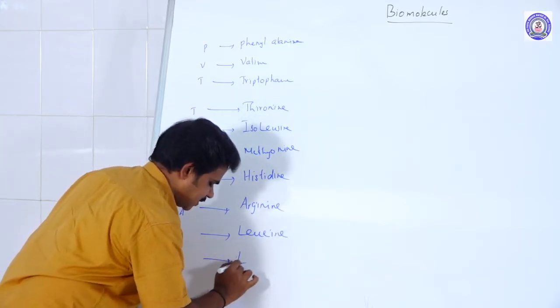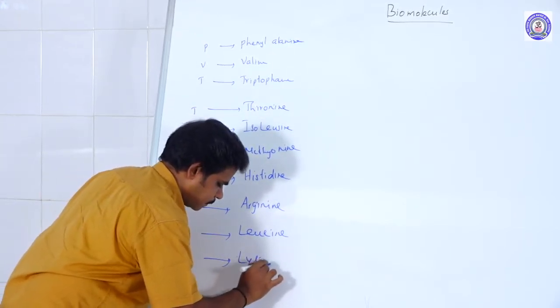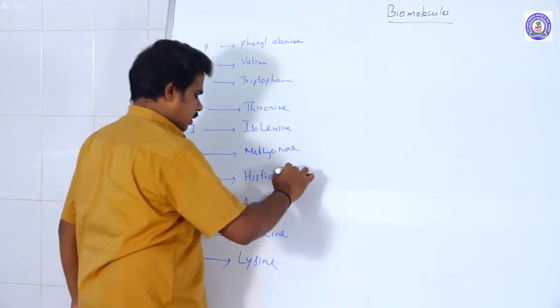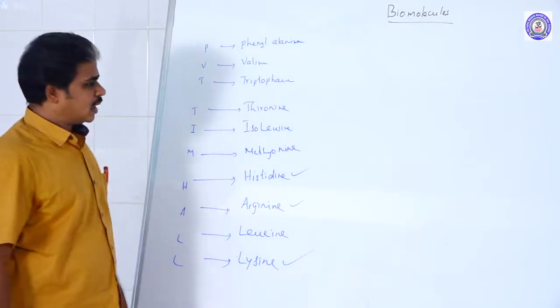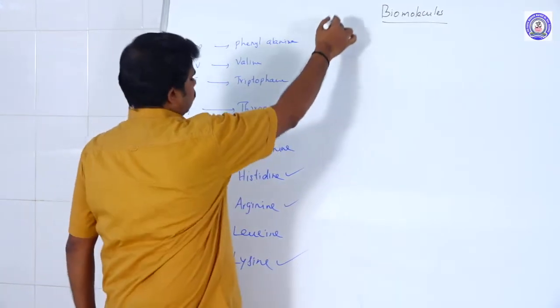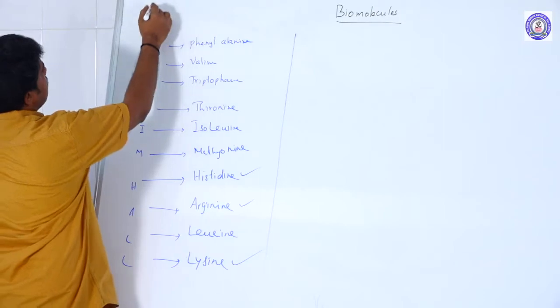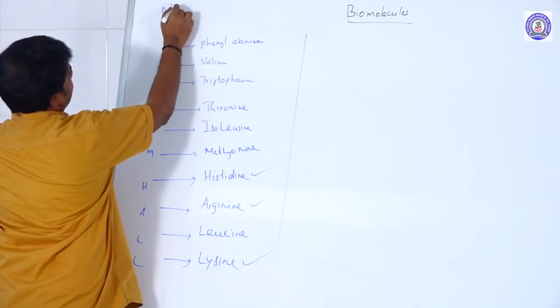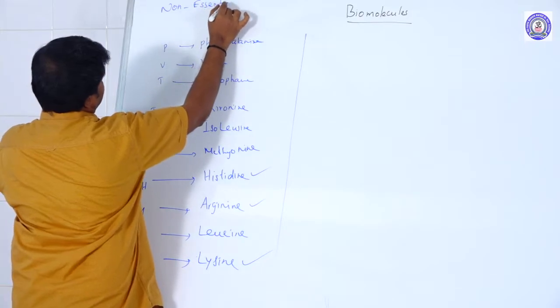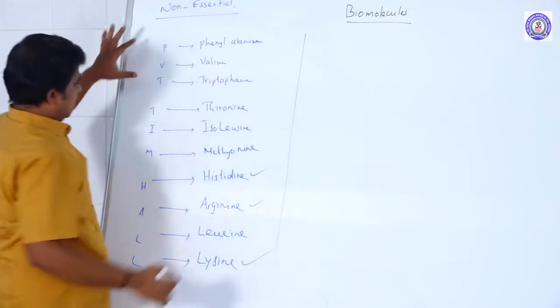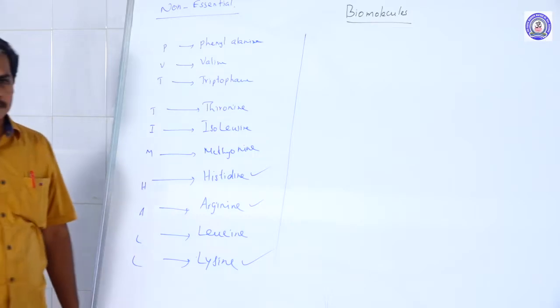And it is lysine. And here these histidine, arginine, lysine are basic amino acids. Now these are all non-essential. It is PVT, tin hall.